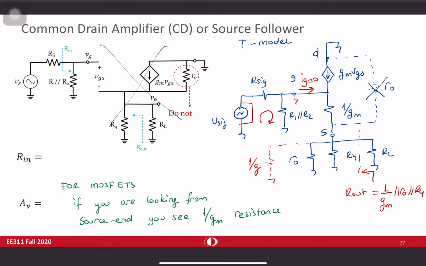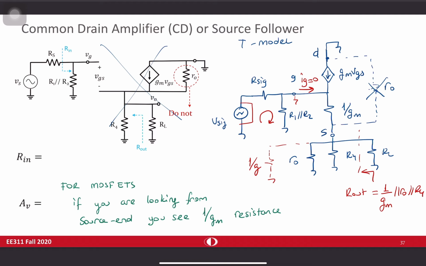Between gate and source, in fact, the output voltage is this one, the source voltage. Again, you have a resistive voltage division. One resistance in here, the other is the whole resistance in here. And if you calculate it, you will find the overall voltage gain like we did in the previous slide. But one thing to be careful about in here, never forget this Ig is equal to 0 term. Otherwise, you cannot write any of these equations.